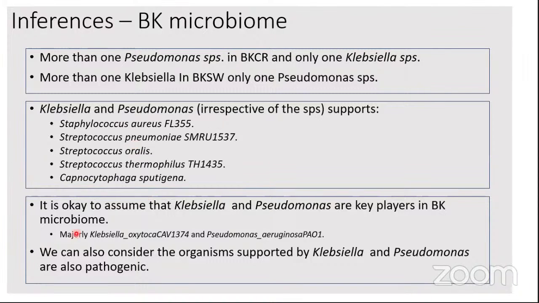So it is okay to assume that Klebsiella and Pseudomonas are key players in the bacterial keratosis microbiome, because they were present in both the samples, BKCR and BKSW. We can also consider that the organisms supported by Klebsiella and Pseudomonas were also pathogenic.